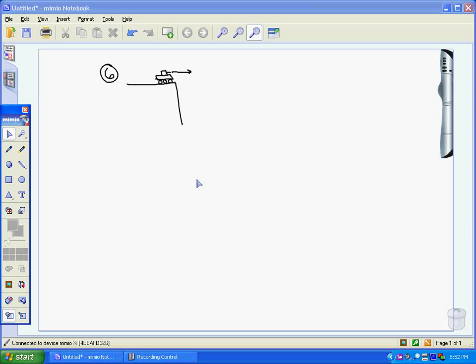Now, the shell will come out, come down, and hit the ground 144 meters below where it's fired. So what I do is I break this up into the vertical and horizontal cases.